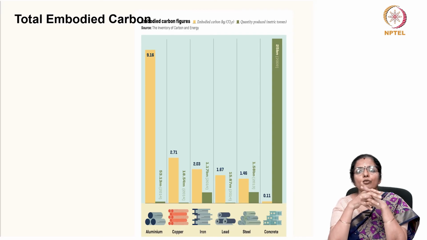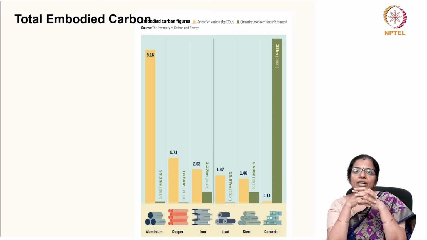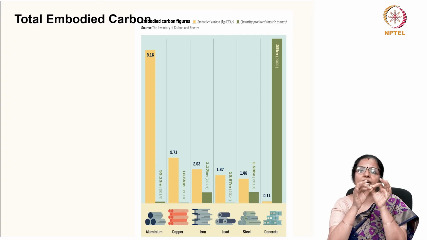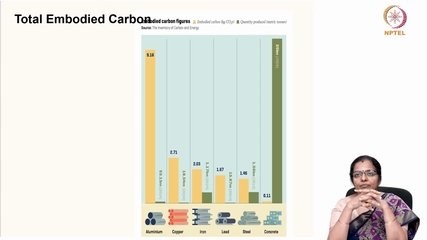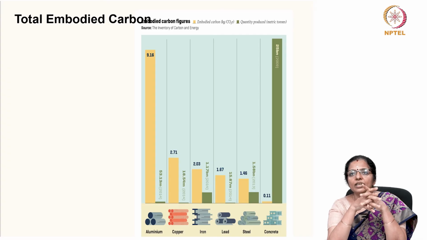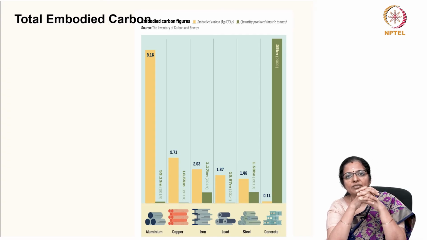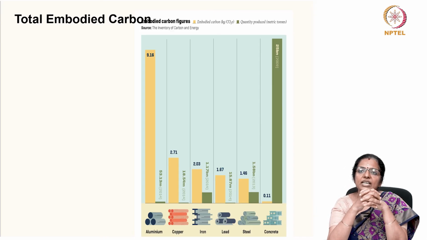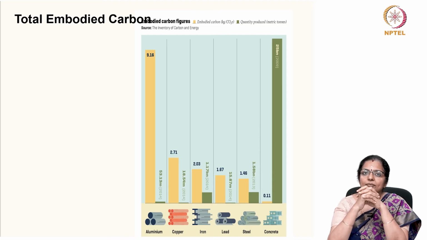Along with the embodied energy of every material, we must consider the quantity in which these materials are produced to understand their full impact on the environment. Here we see that even though the embodied energy of aluminum is very high in comparison to some other common building materials, the amount of aluminum used is negligible when compared to, say, concrete.